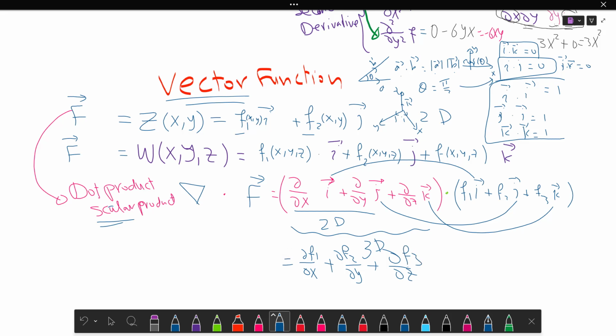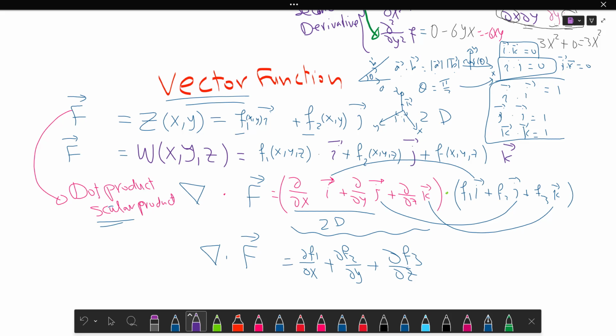This is the scalar multiplication of nabla and the three-variable vector function. Catch my point? I think now you know how to handle nabla.